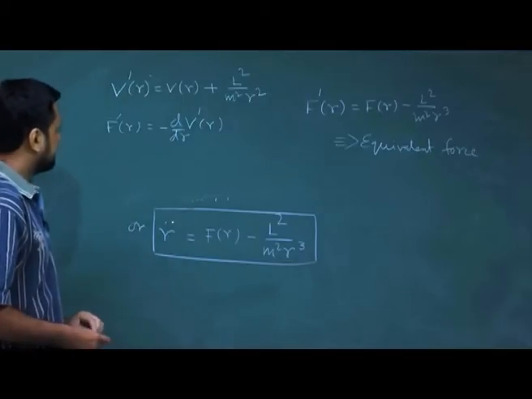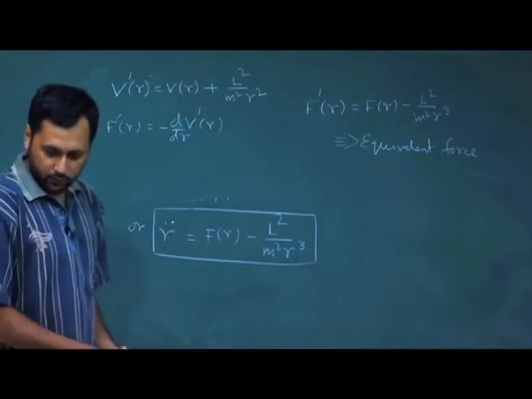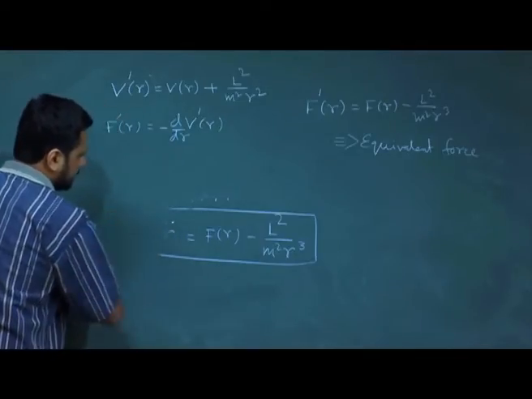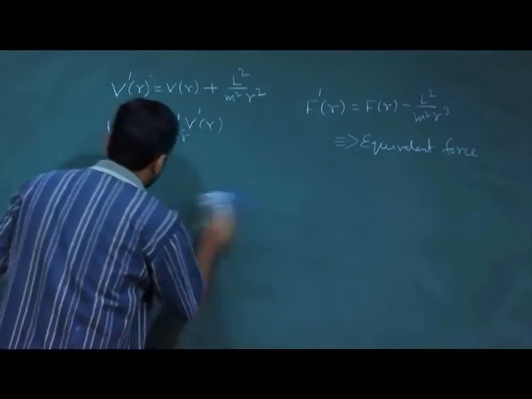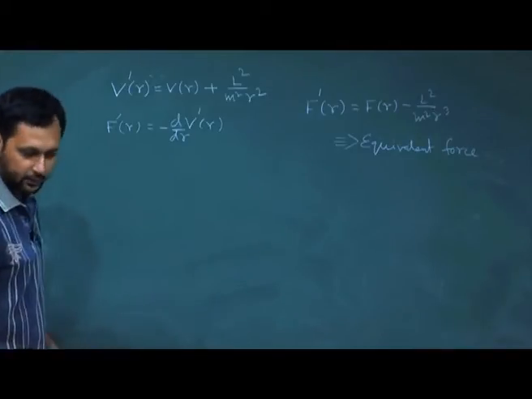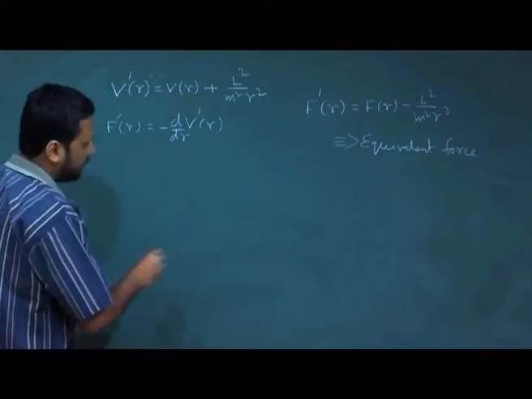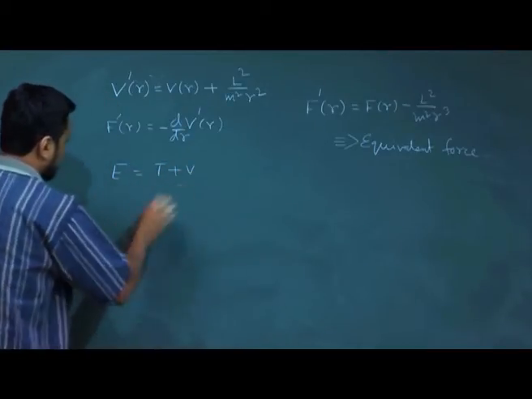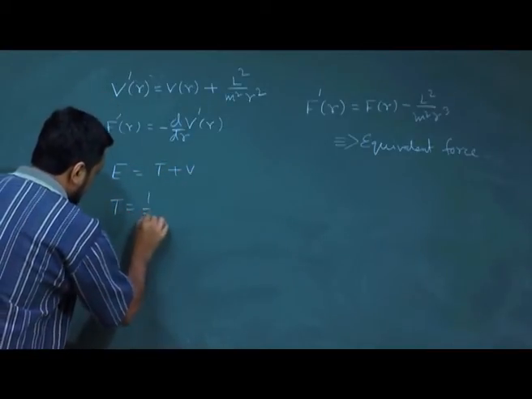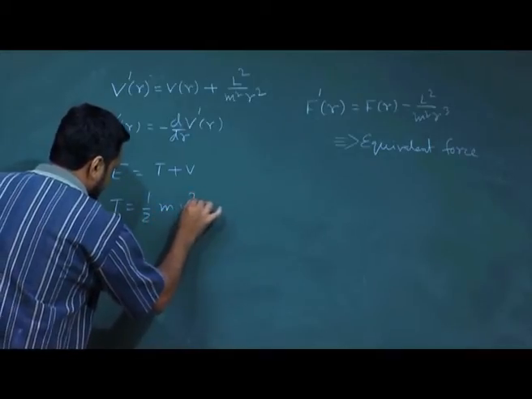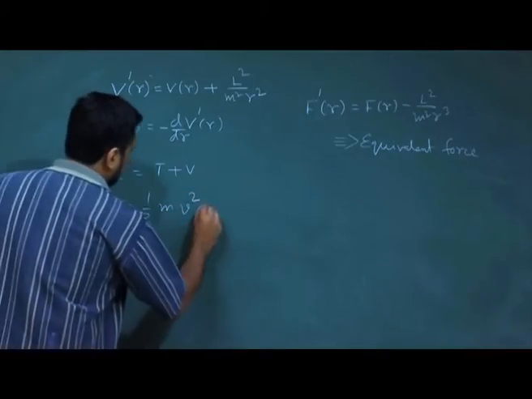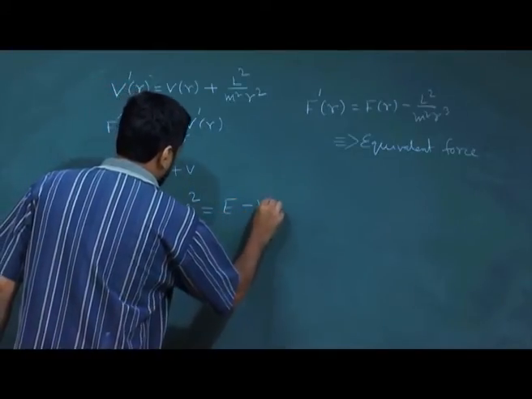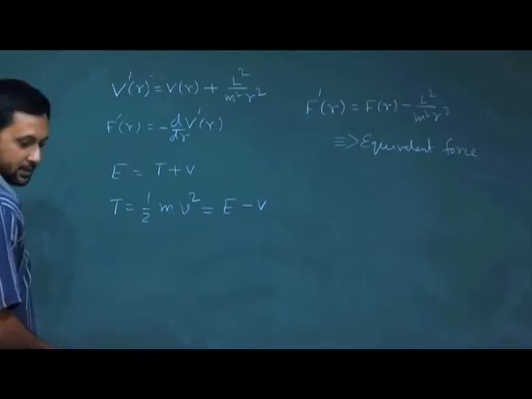So, now for a moment just go back to one particular equation, E is equal to T plus V. So, T, which is half m v square, is equivalent to E minus V, right.